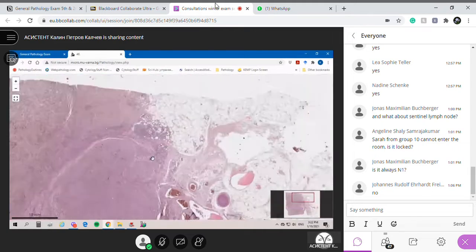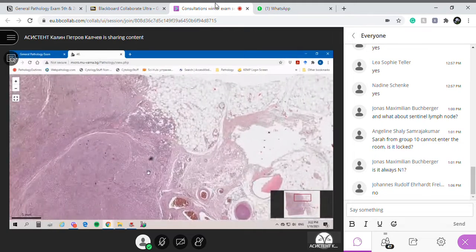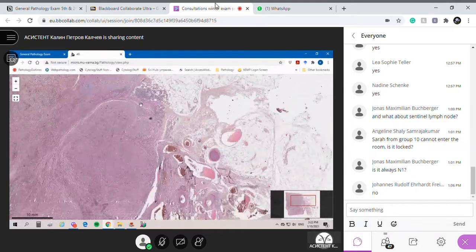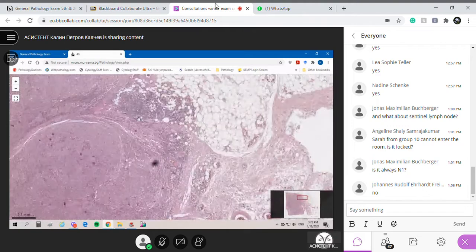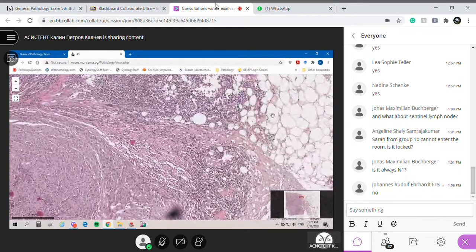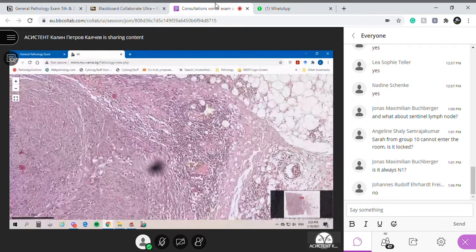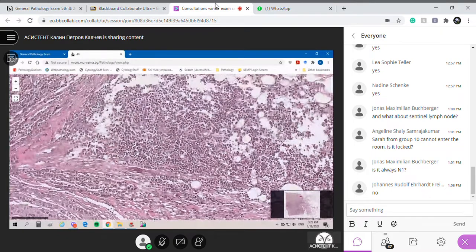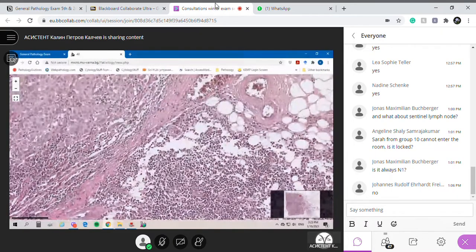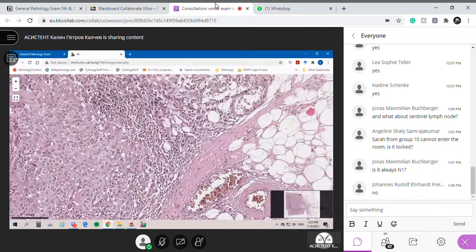And also, even though this tumor looks quite circumscribed, here in this area, you can see that we have inflammatory reaction to that tumor. And also you can see the infiltrative growth of the tumor because somewhere here, for example, you can see that some individual tumor cells are going deeper into the surrounding tissues.